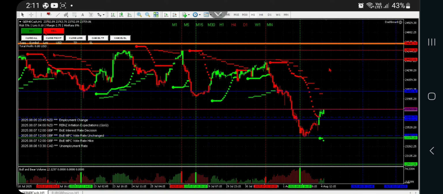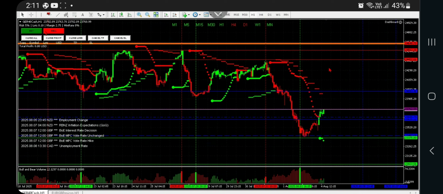But if I press close profit, it's only going to close those trades that are going into profit for me. And if I press close loss, it's only going to close those positions that are losing for me. There's also an option to cancel your take profit and cancel your stop loss.